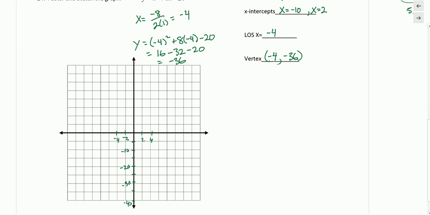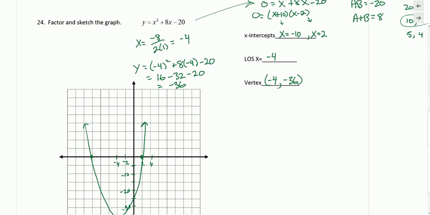So our vertex is at -4, -36, roughly right there. And our x-intercepts are at -10 and at +2. Something like that. And to be a little more accurate, our y-intercept is actually going through -20.